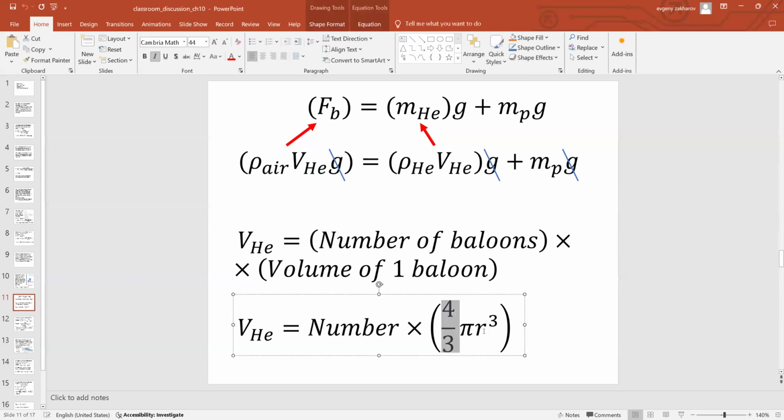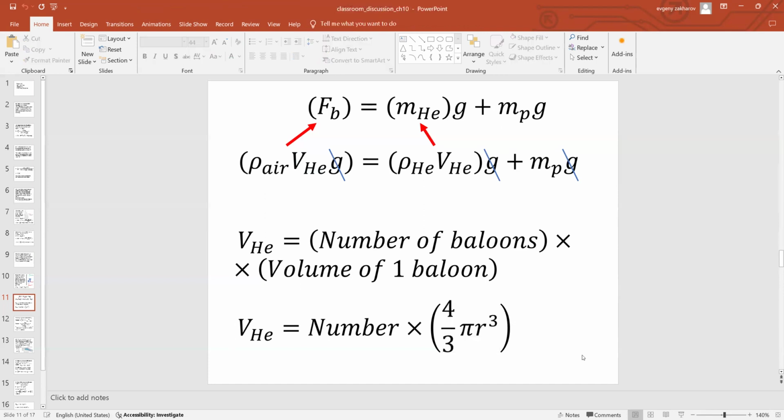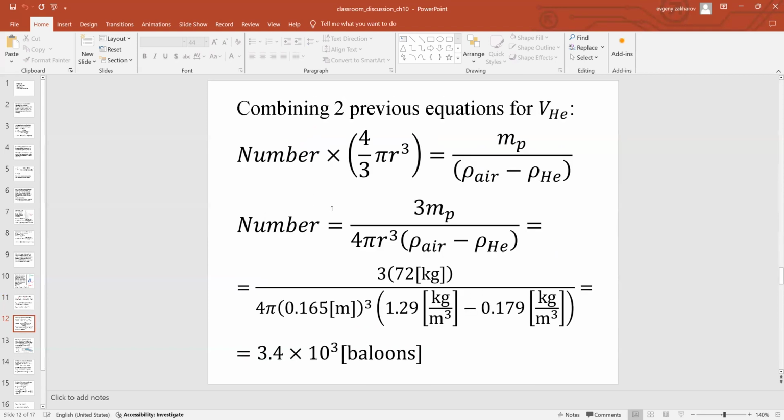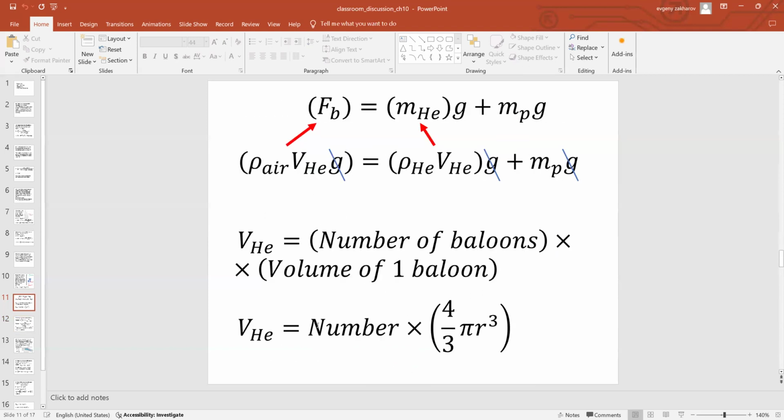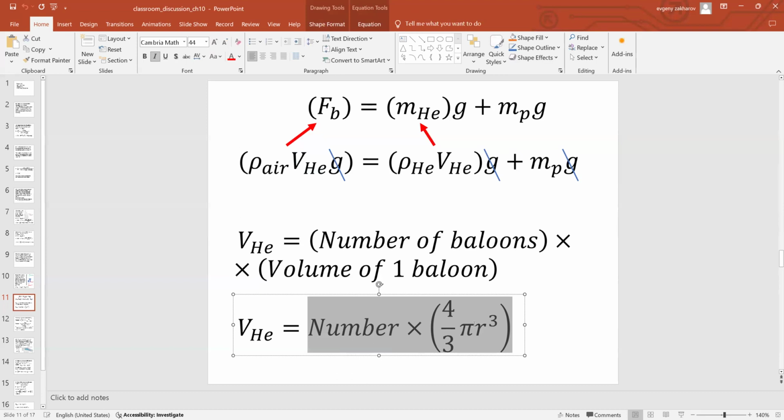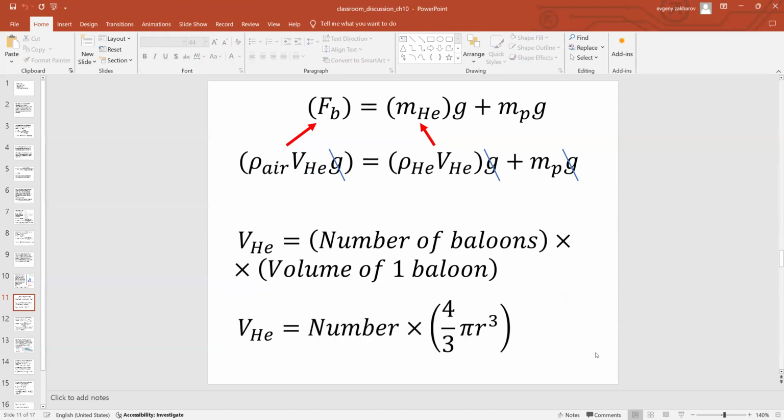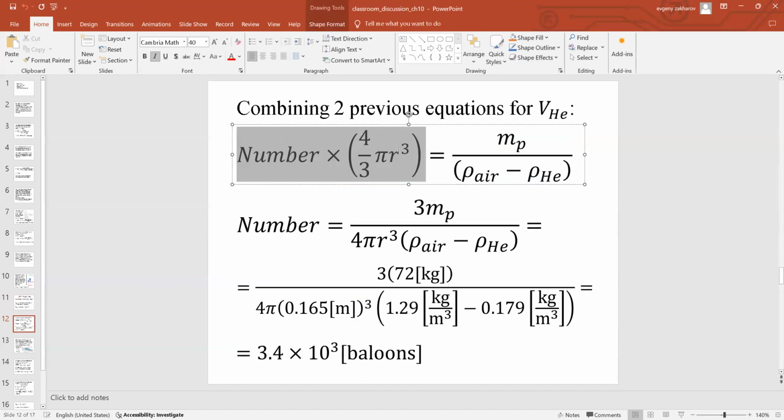And the volume of a sphere is 4/3 pi r cubed, in case you didn't know that from high school geometry. Multiplying by the number of balloons, that's going to give the volume of the helium needed to go into the sky. So from one side, you solve for the number of balloons times the volume of one balloon. That's your left side of the equation.